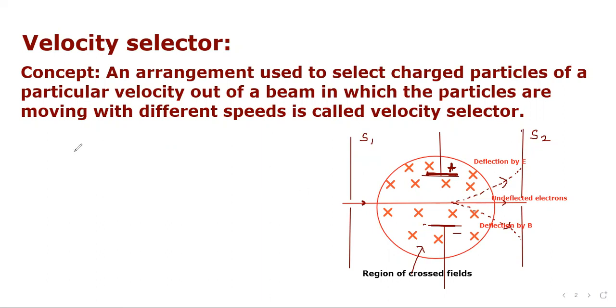So we can say that QE, force on the charged particle due to the electric field, must be equal to QVB, force on the charged particle due to the magnetic field. So Q will cancel out, and from here we will get V equal to E upon B. Thus, electrons having velocity equal to E upon B will go undeflected and others will get deflected.